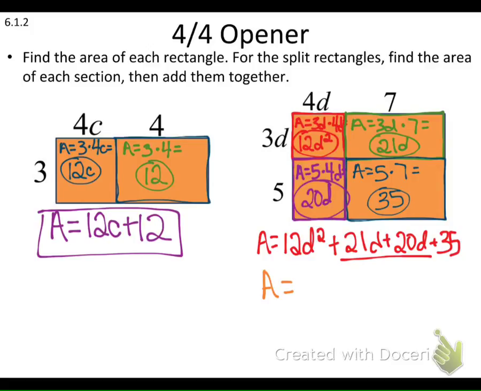So, my final answer is going to be what? Haley, can you tell me what my final answer is going to be? 41D. 41D will be the combined like terms, right? But so my overall written answer is going to be what? A equals... That's okay. Jemiah, can you help her out?